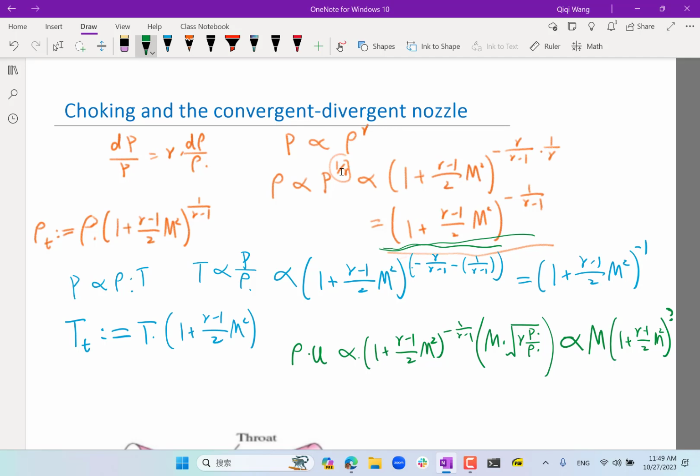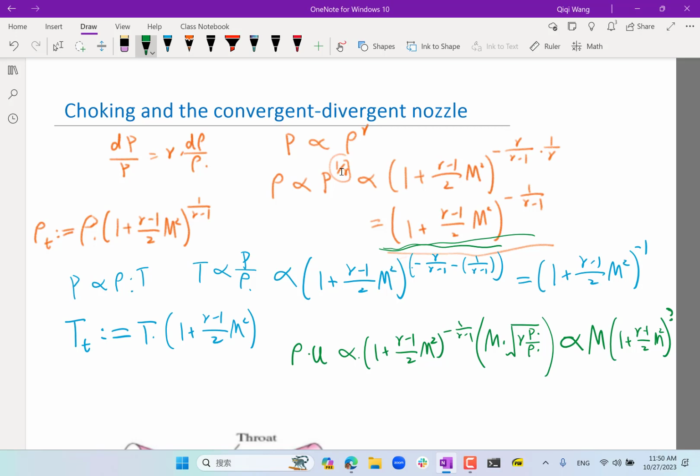As Mach number squared increases further and further, the decrease of this parenthesis is going to outweigh the increase in the Mach number. And at the end, the mass flow per unit area would decrease at higher Mach number. Anybody want to guess what's the turning point?